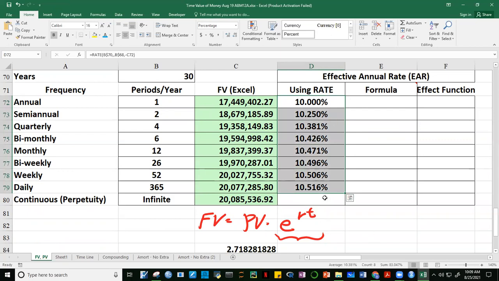Okay? Now, for continuous, guys, ano yung rate, no? What will be the rate? Paki-chat, guys. Kita nyo sa formula. What will be the rate?